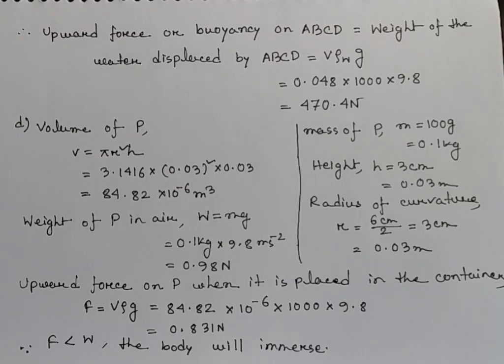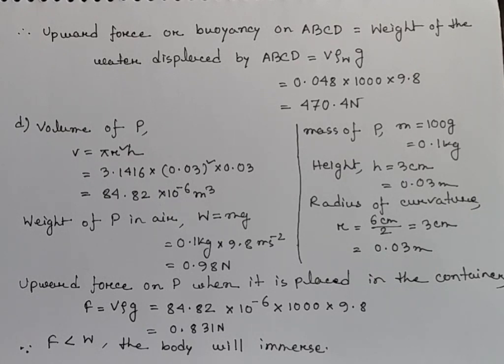So the volume of P, V equals, we will just use the formula V equals pi r square h, because this is involved with radius. And we know the value of pi. Our radius is 0.03 meter, and height is given in the stem, that is 0.03 meter.